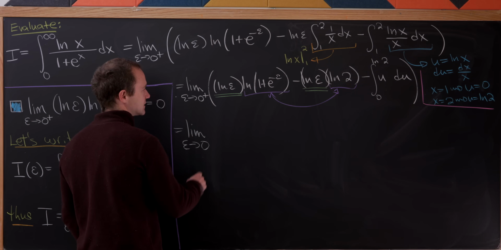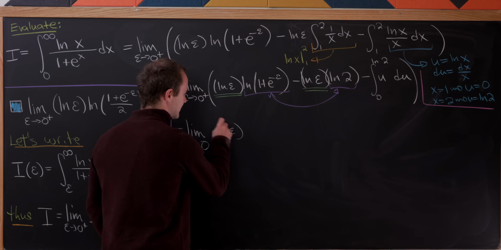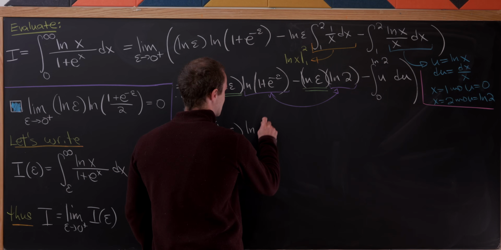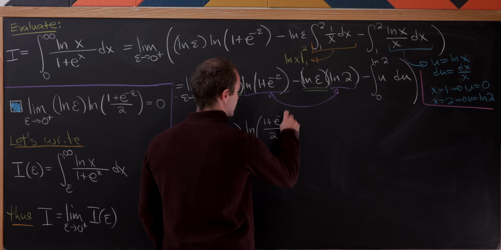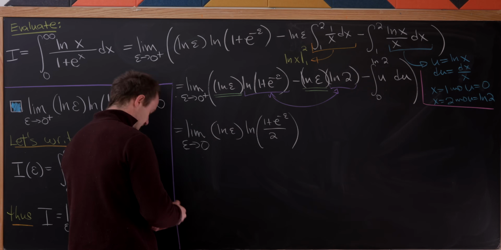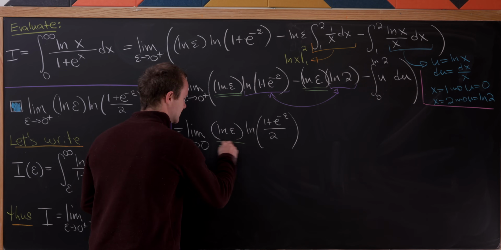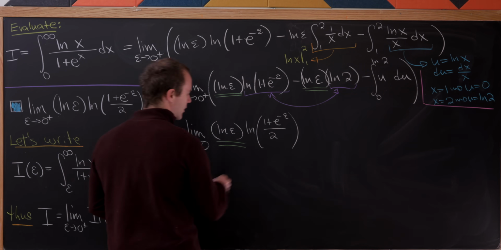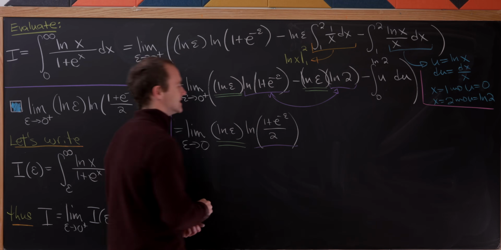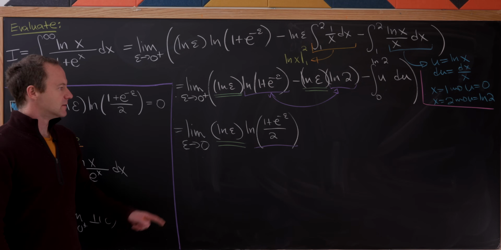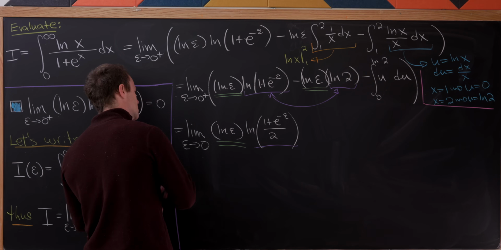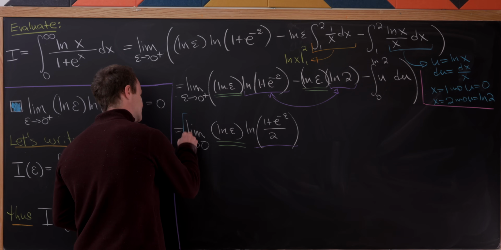Got the limit as epsilon goes to 0 of the natural log of epsilon times the natural log of 1 plus e to the minus epsilon over 2. So this green stuff turned into this green, and then that purple underlined stuff turned into this stuff that I'm underlining in purple.